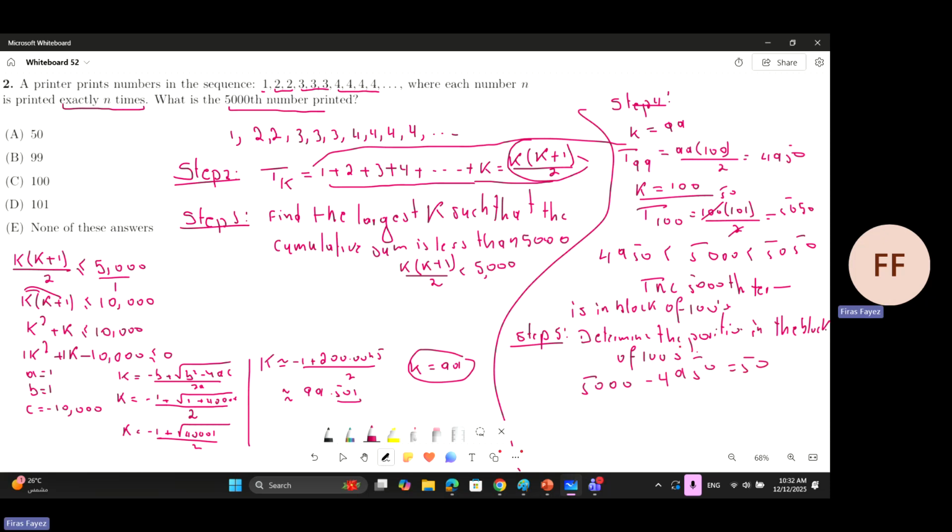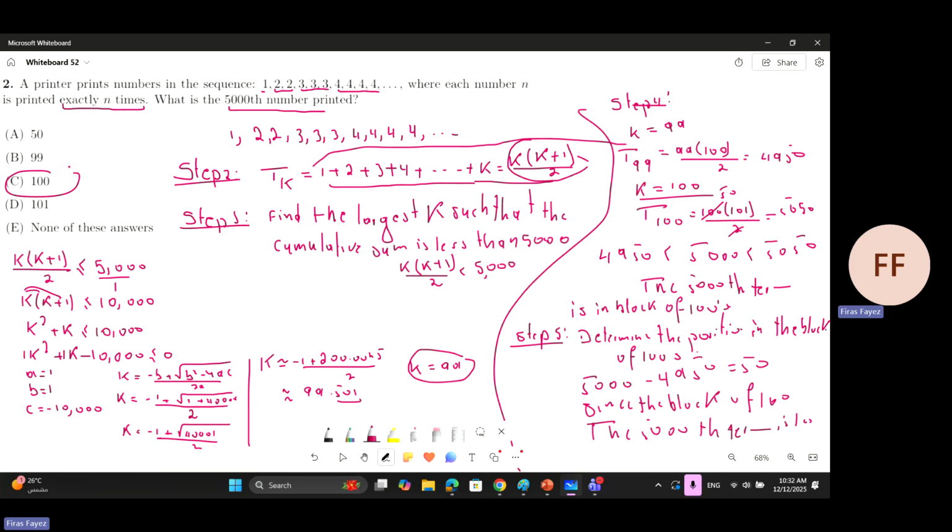Since the block of 100, the 5,000th term is in the block of 100, so the 5,000th term is 100.